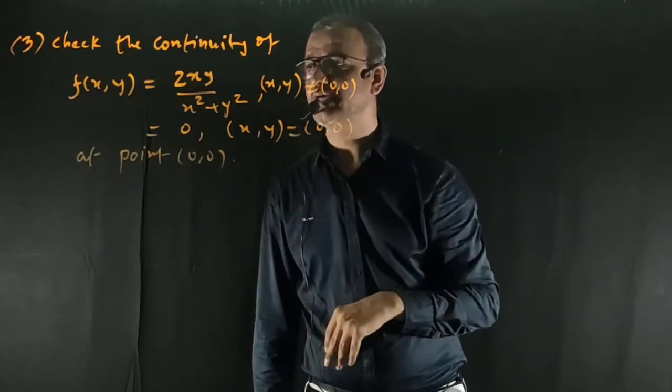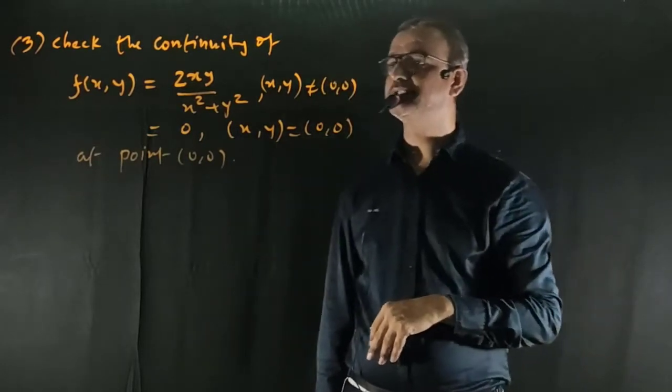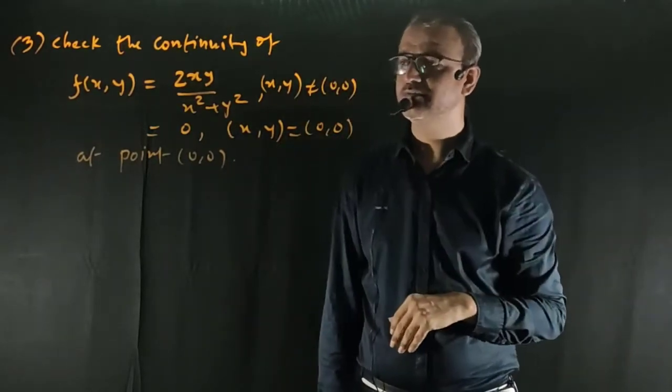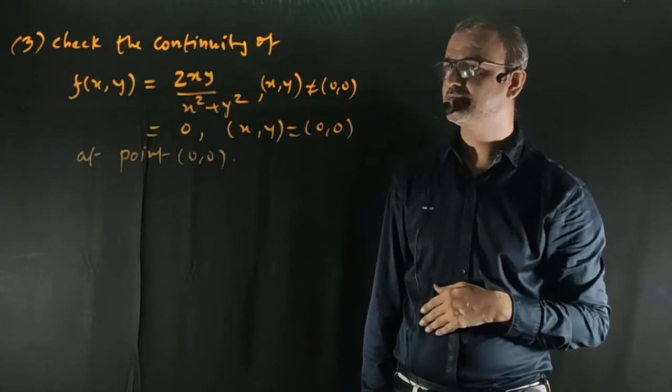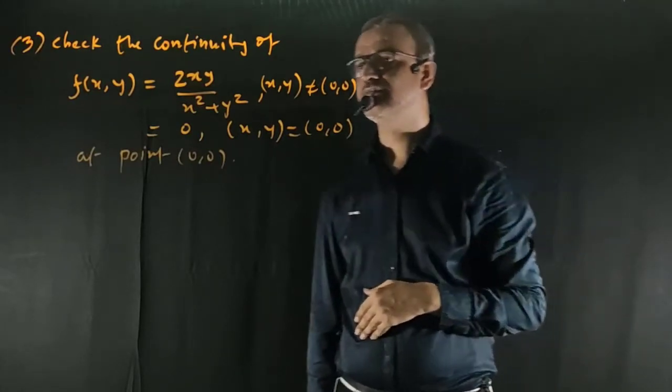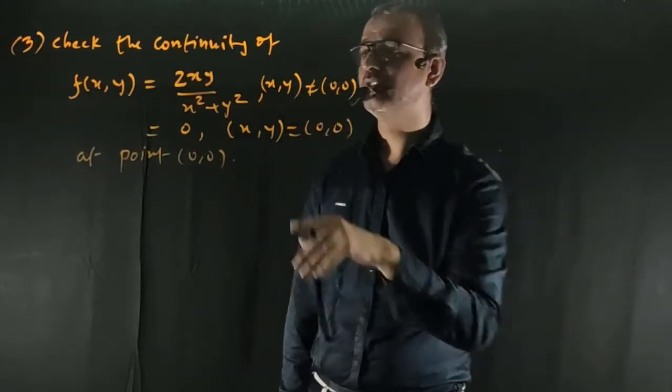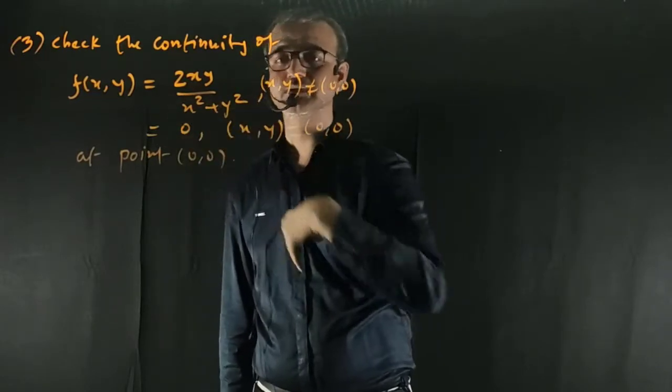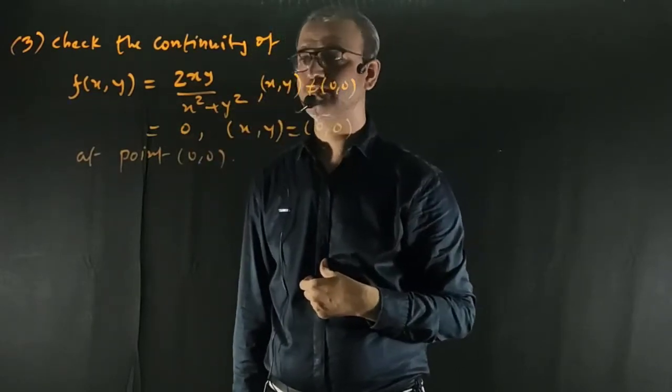If both are same, then we will say that the function is continuous at point (0,0), otherwise it is discontinuous. So first of all we have to find out the limit of this function at point (0,0).